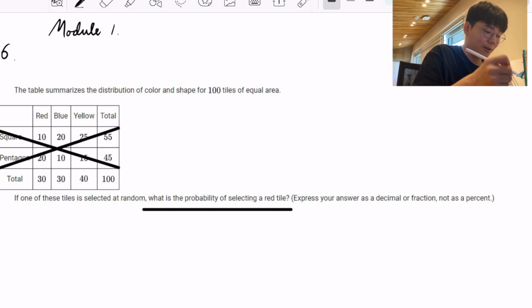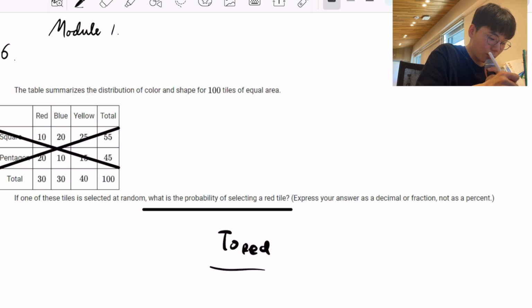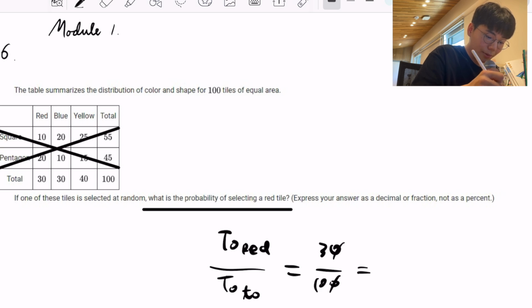The probability of selecting a red tile here would be the total of red divided by the total of all colors. So, what is that number? It's 30 divided by 100, 0.3. Easy math. You just enter this and you're good to go.